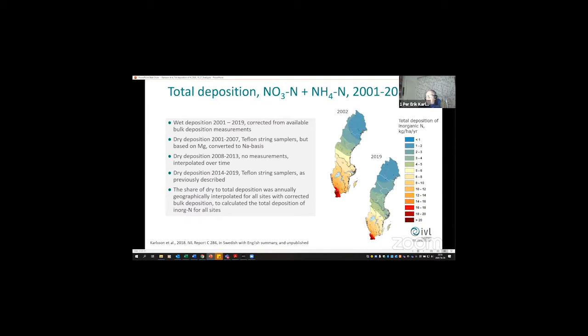So we had to recalculate this dry deposition based on magnesium instead, and then we converted this to a sodium basis with the parallel measurement estimates for some years. Then we had a period 2008 to 2013 when we did not have any dry deposition measurements. So for that time period, we have interpolated the dry deposition. And then again, we started the complete measurements in 2014.